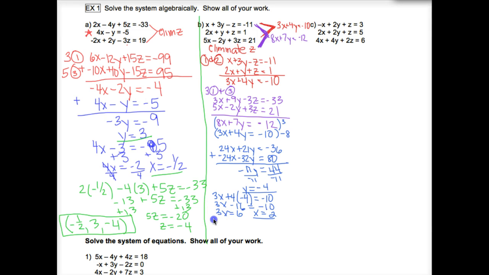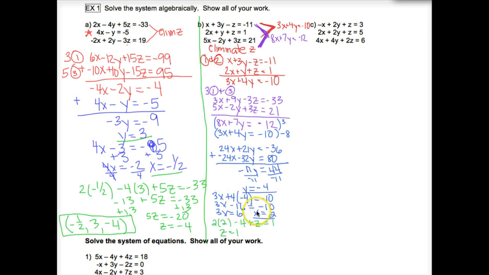So I'm going to do 2 times x, which is 2, plus y, so plus negative 4 is the same as minus 4, plus z equals 1. So this is 4 minus 4, which is 0. So 0 plus z is z, so z equals 1 is my solution for z.